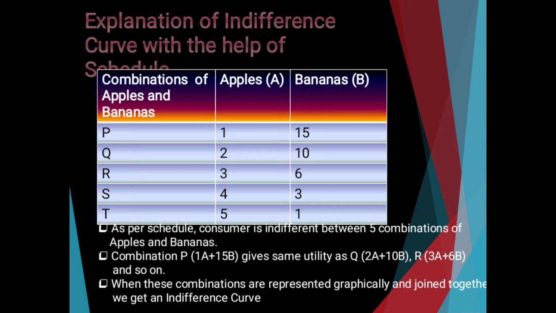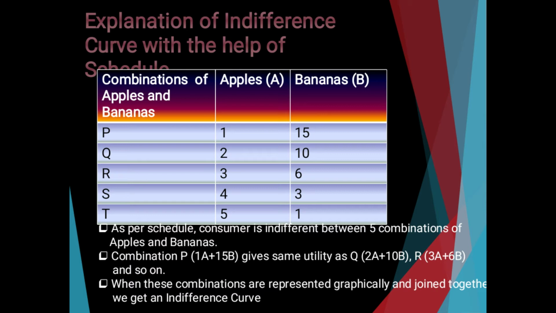In combination Q, the consumer opts for 2 apples and 10 bananas. In combination R, the consumer opts for 3 apples and 6 bananas. And in the same way, in the last combination, combination T, the consumer prefers 5 apples and 1 banana.